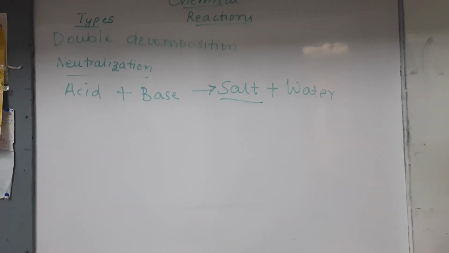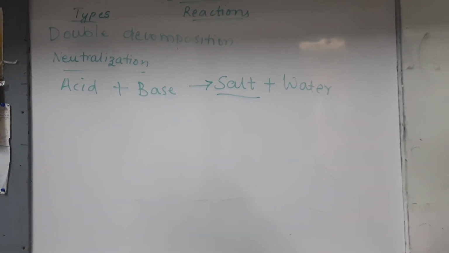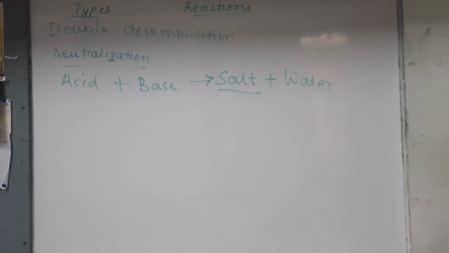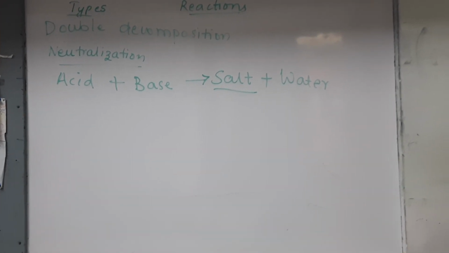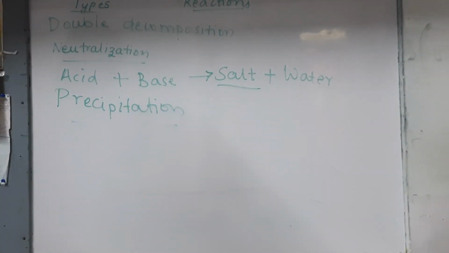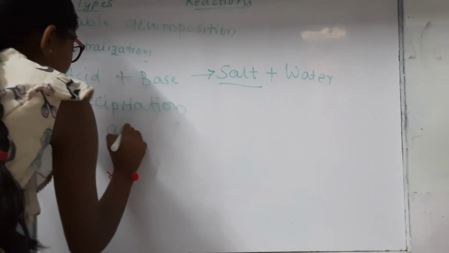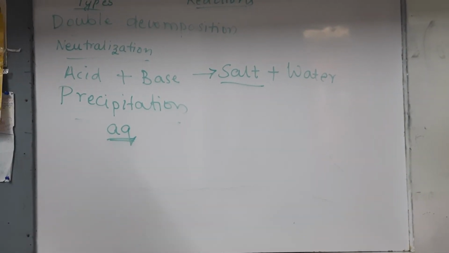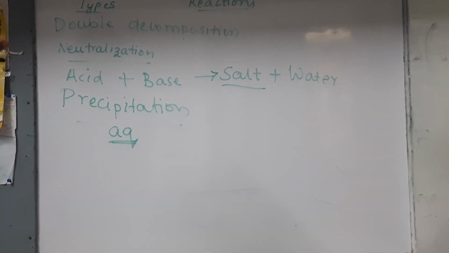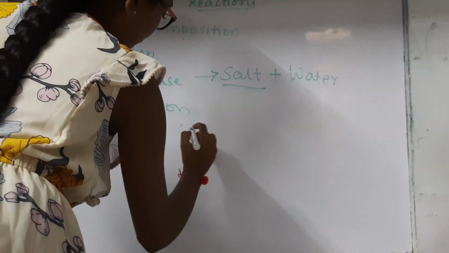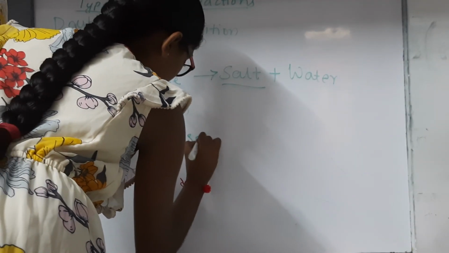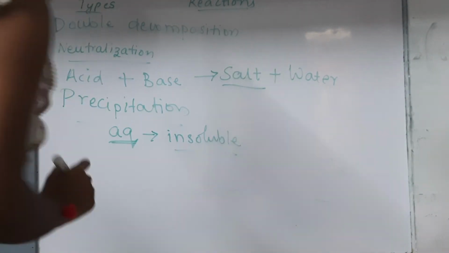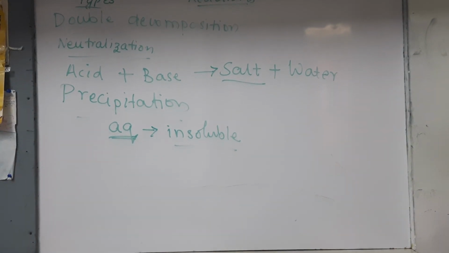Let me tell you what you mean by precipitation reaction. In a double displacement or double decomposition reaction, when two aqueous solutions, you can represent with aq, that is aqueous solutions, are mixed and an insoluble solid is left behind, that is a precipitation reaction, that is a precipitate formed.